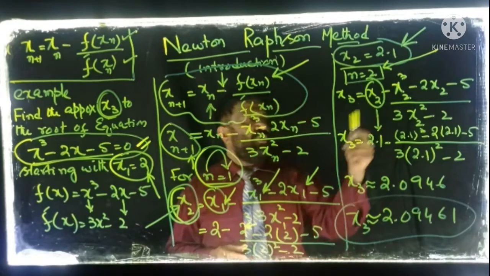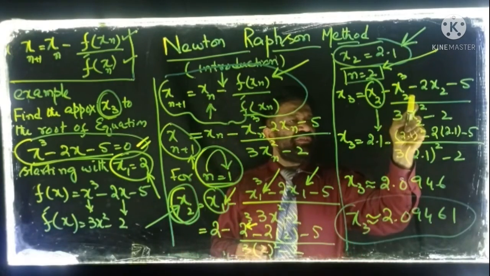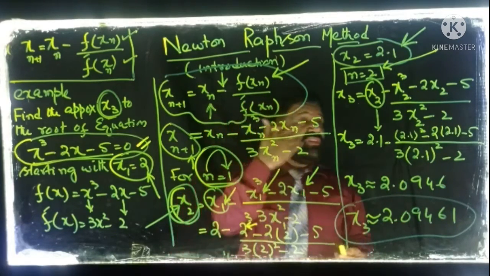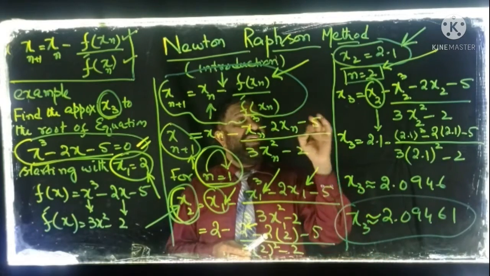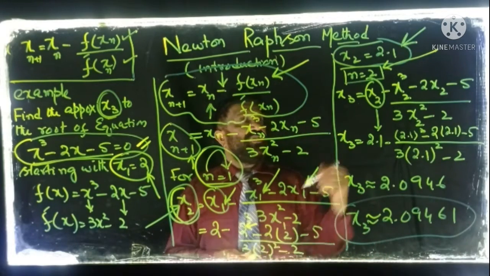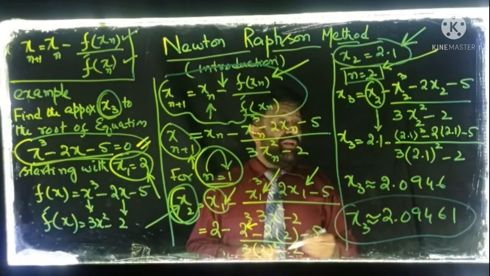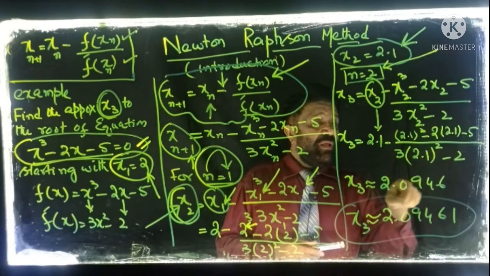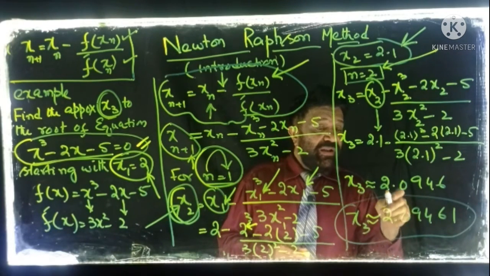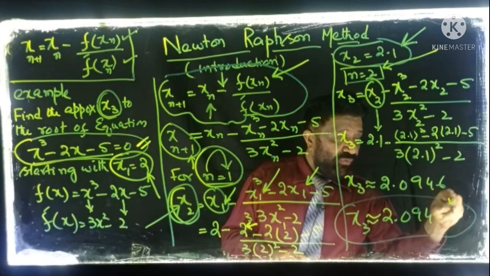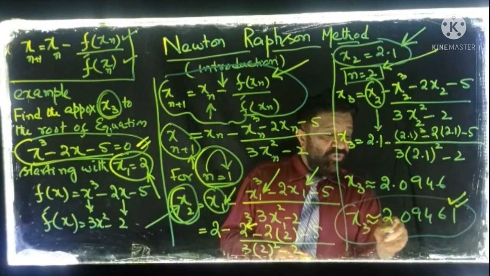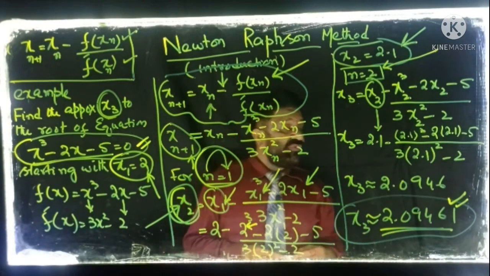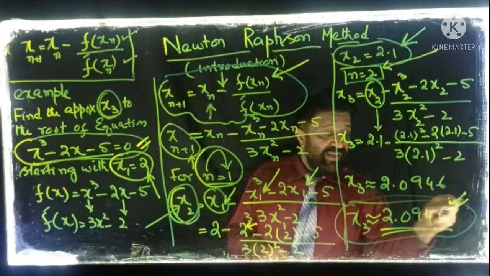The value of x2 is 2.1, so instead of x2 I put 2.1, and finally I found that the approximate value of x3 is 2.09461. This is the value.